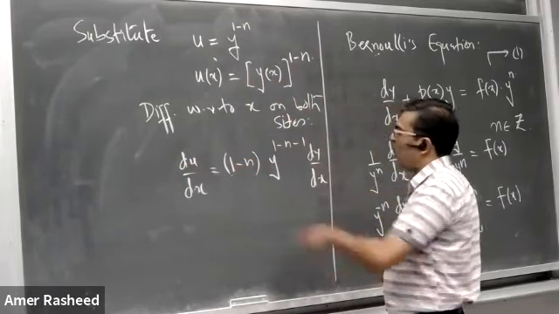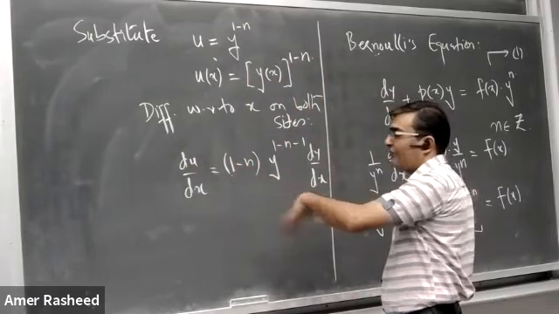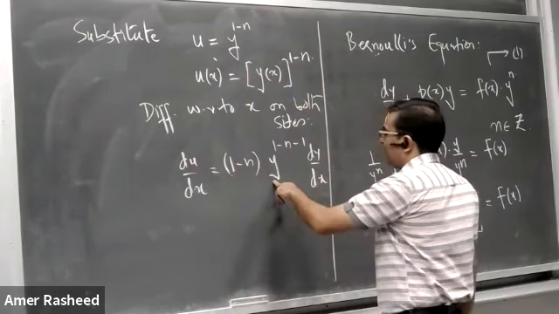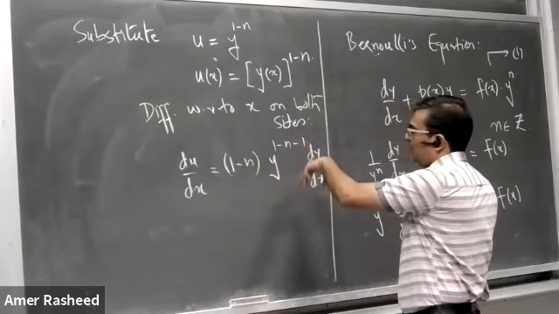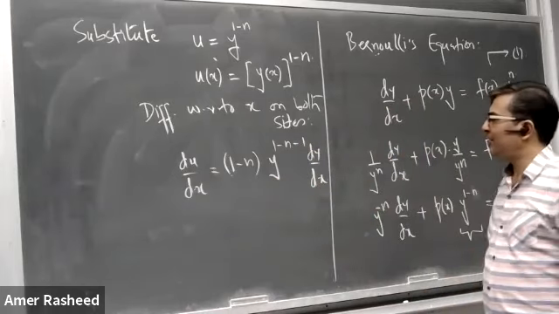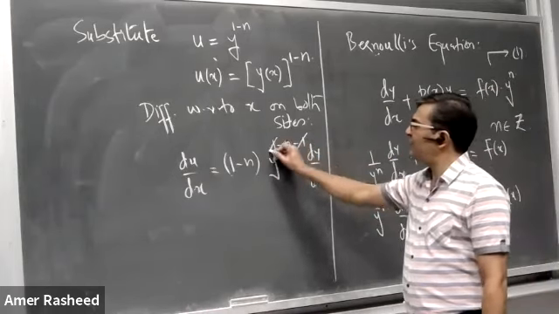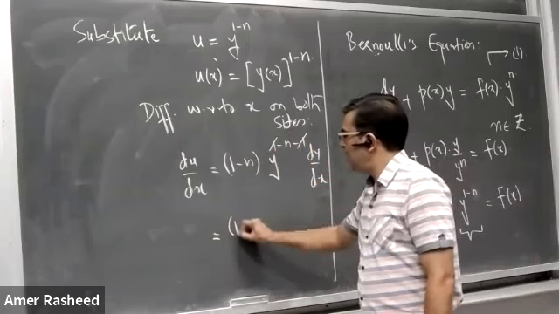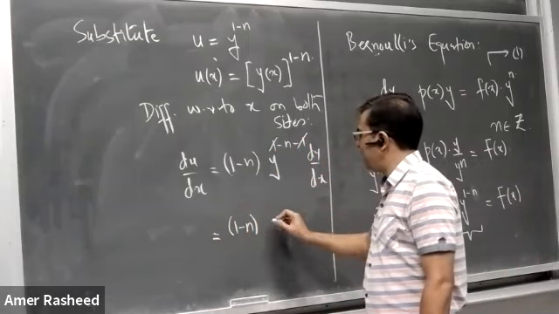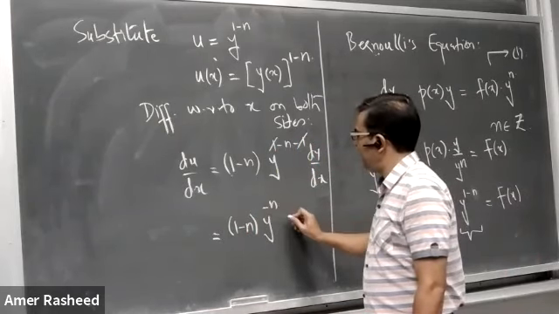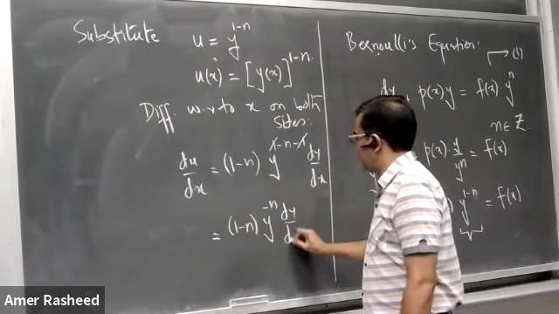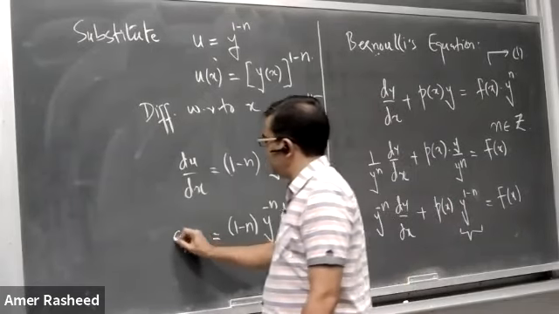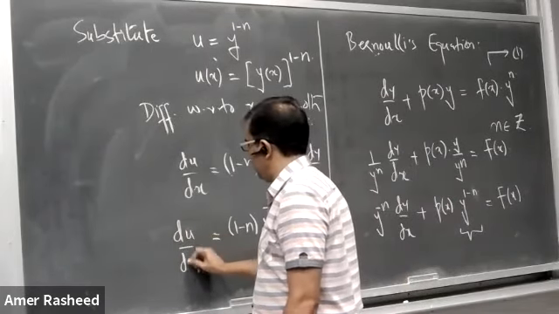Okay, because y is a function of x, you have to apply the chain rule, so you have to take dy by dx along with this after applying the power rule. Here, this one will be cancelled with this one, and what do you obtain here? 1 minus n times y power minus n dy by dx. Now this is equal to du by dx.